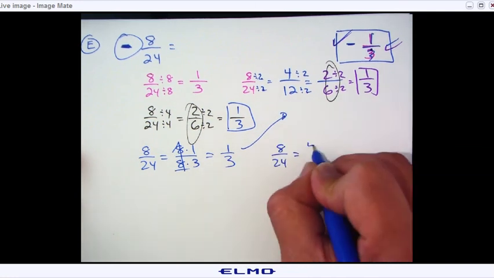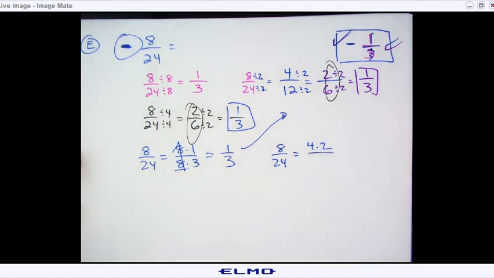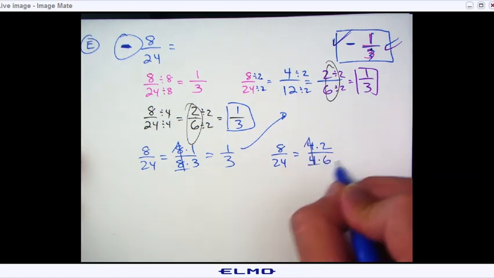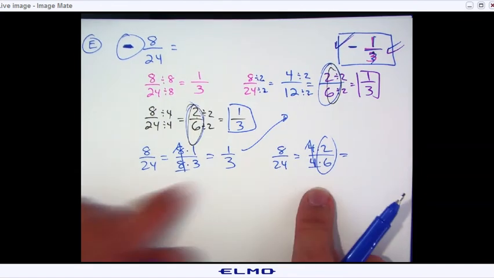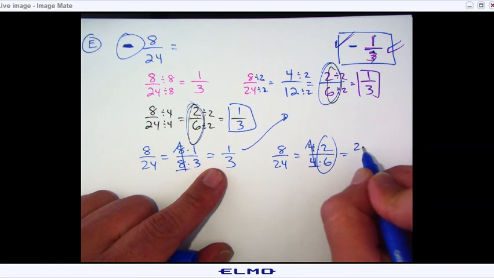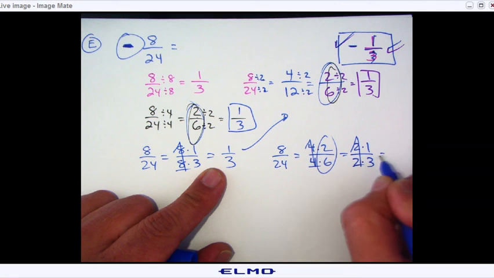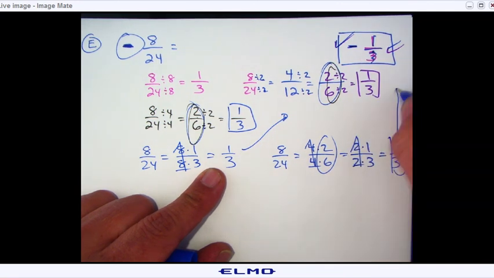I could do 4 times 2 is 8, and 4 times 6 is 24. There's your giant 1. And again, 2 over 6. See how you get 2 over 6 everywhere? So now I could go 2 times 1 and 2 times 3. And my answer is 1 over 3. Don't forget the negative. Bam.